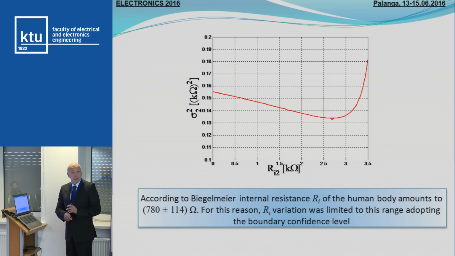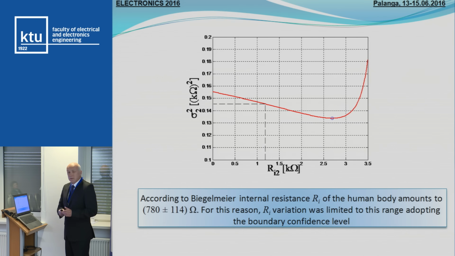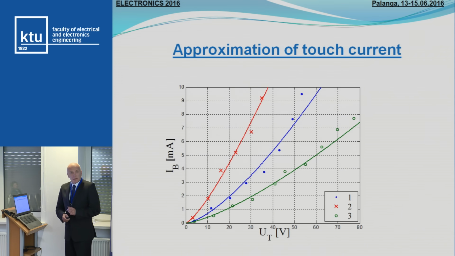So it meant that the maximum value of internal resistance was just above 1 kilo ohm. The minimum value was just below 0.5 kilo ohms. So after this limitation, we found these variables, and these are the lines of approximation.